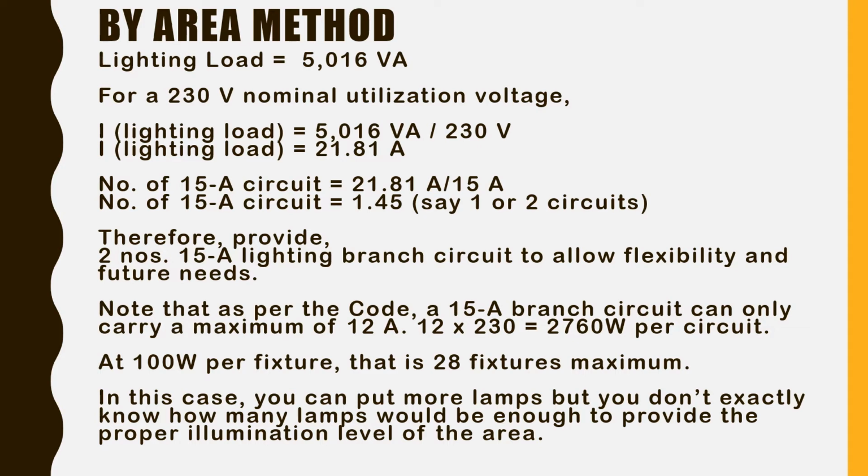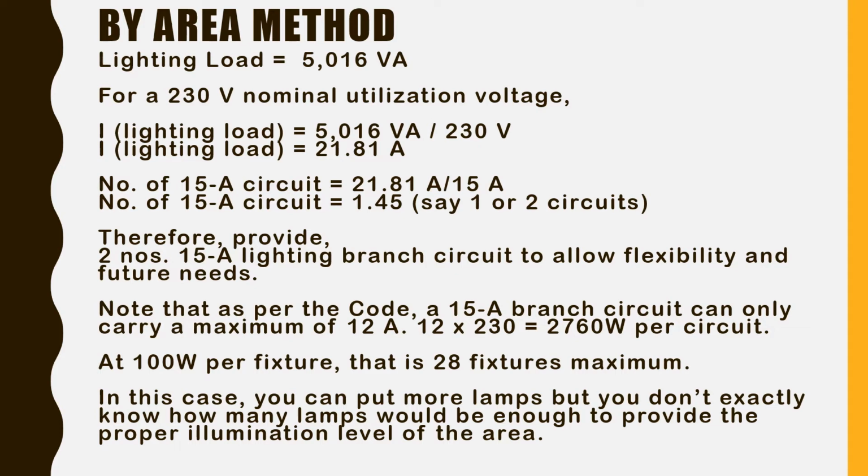Note that as per the code, a 15 ampere branch circuit can only carry a maximum of 12 amperes. Remember that only 80% of the circuit capacity must be used. For example, 80% of 15 ampere is 12 ampere.